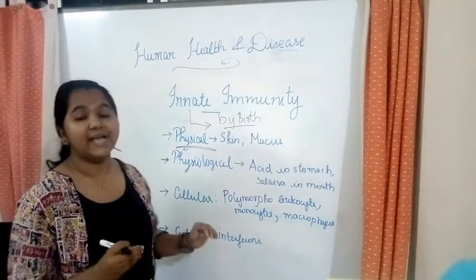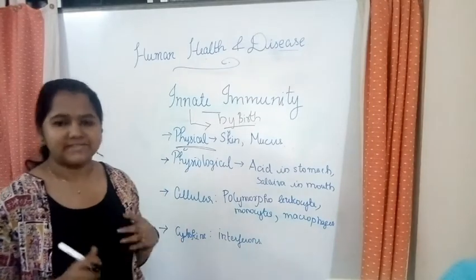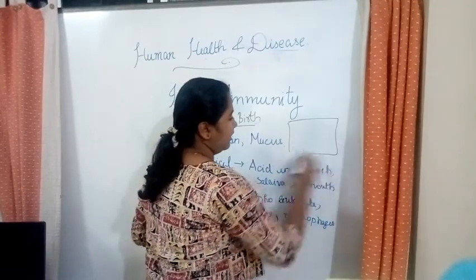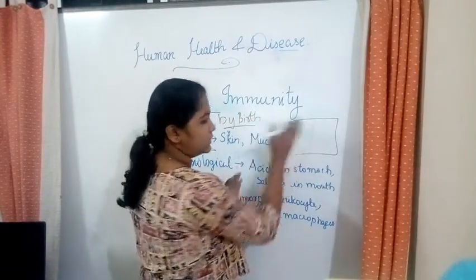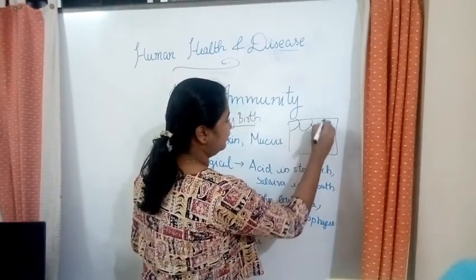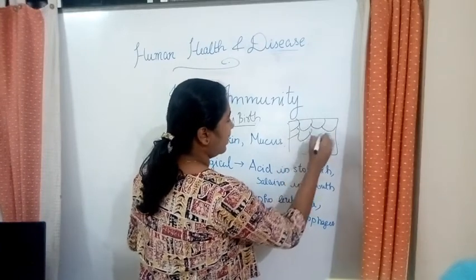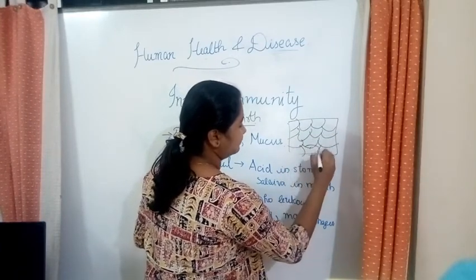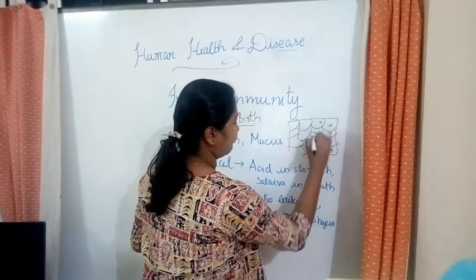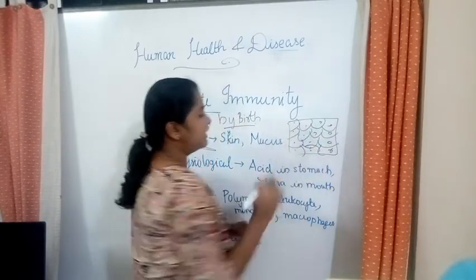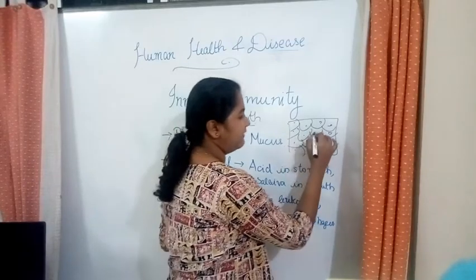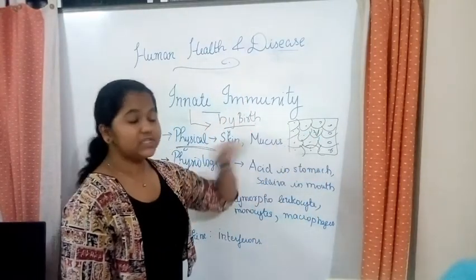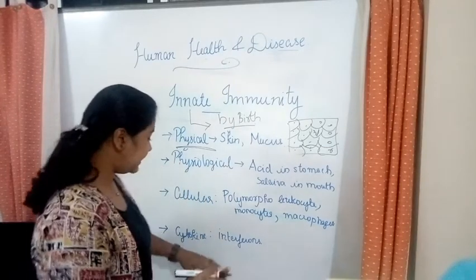The next one is the cytokine barrier. What do we mean by cytokine barrier? Let's take a small slide. This is full of cells. Out of these, let's make this the cell that is affected by a virus. What would that cell do? That cell would produce something known as interferons.